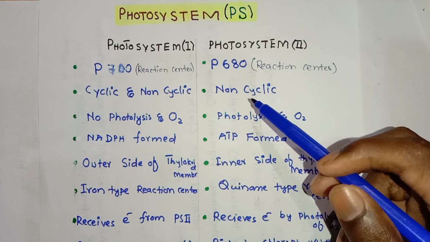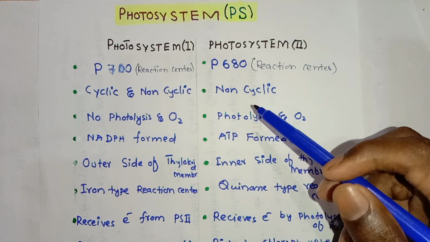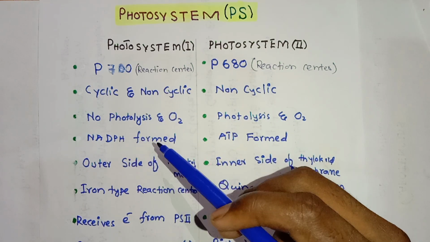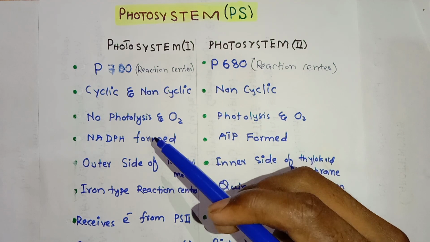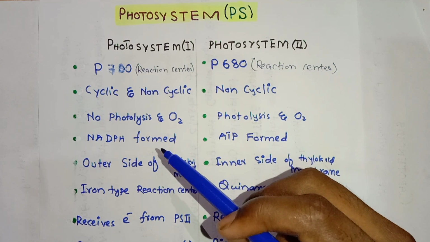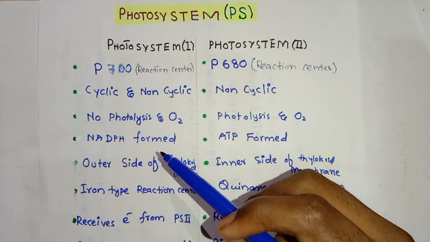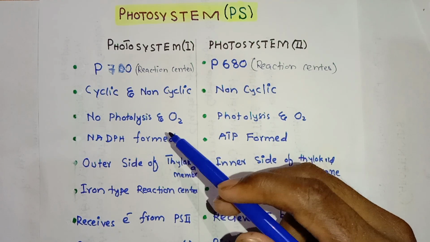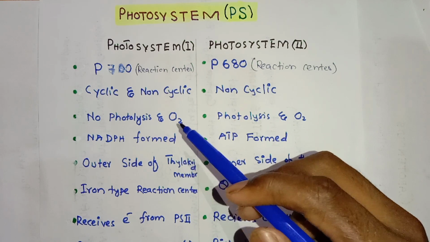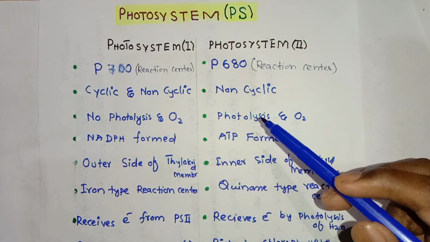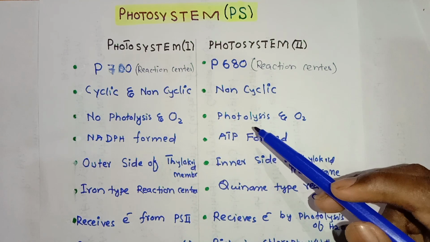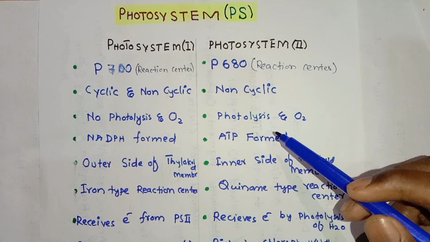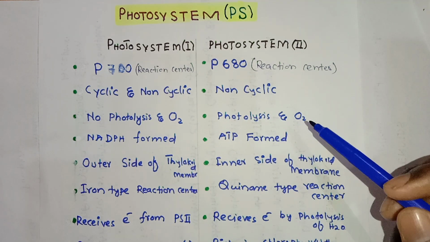It means that the electron doesn't move back. In PS1 there is no photolysis of H2O, so the water molecule doesn't split into H plus ions and electrons, and it won't release an oxygen molecule either. Now in PS2, photolysis occurs and oxygen is also released. Here the water molecule is split and it gives an oxygen molecule as well.